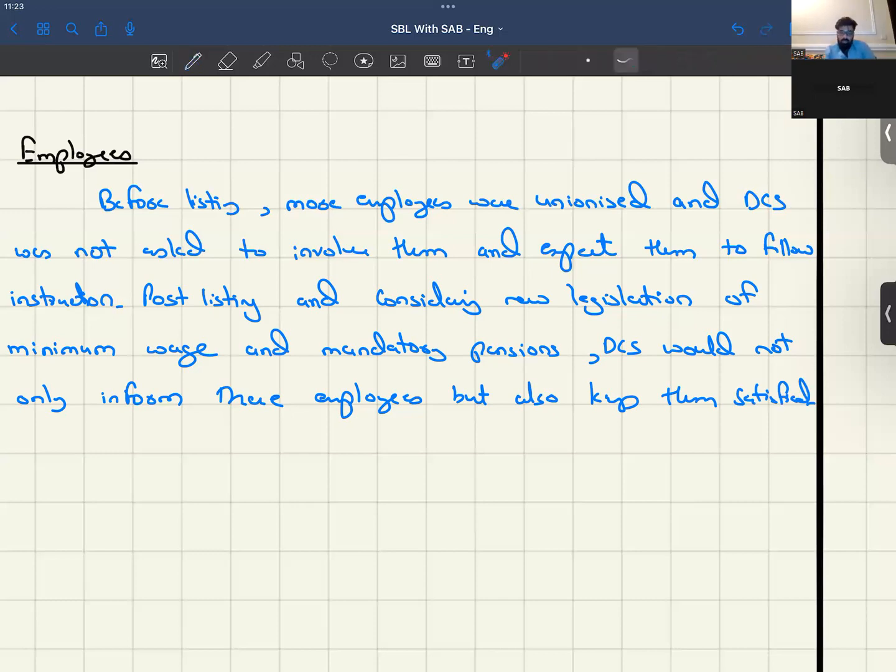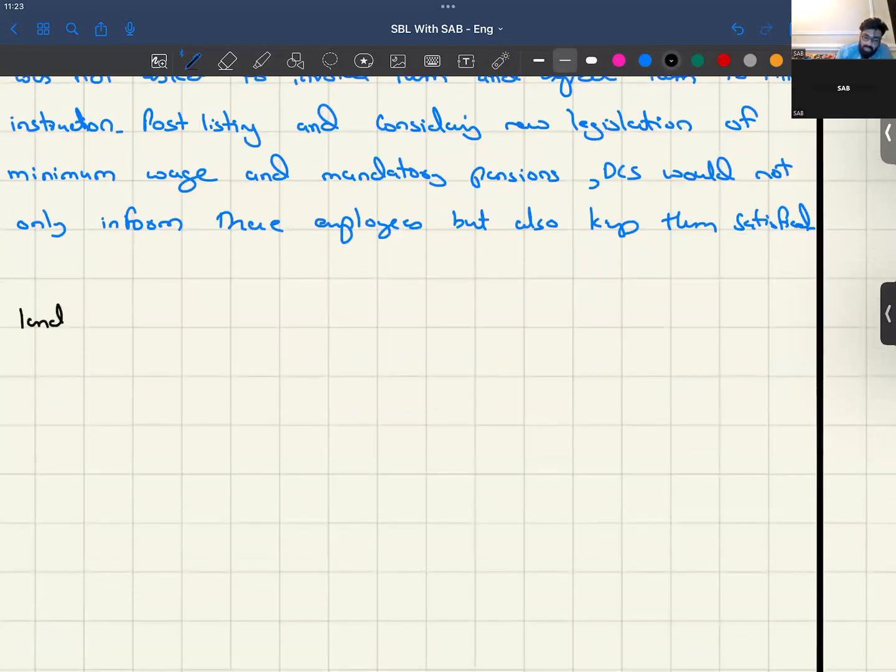And why keep your employees satisfied? It's because the new legislation has given them much power. So you have to do that.